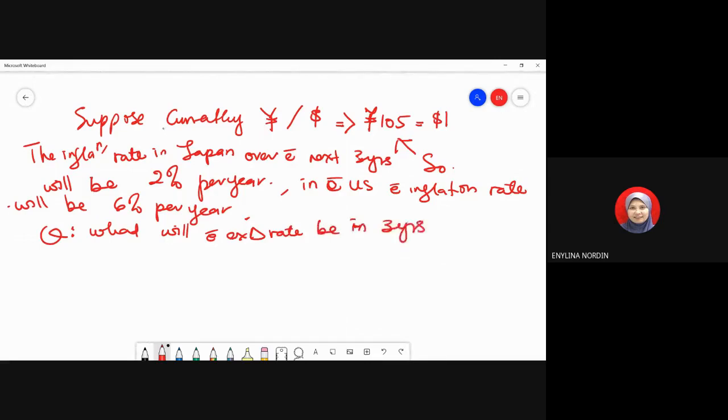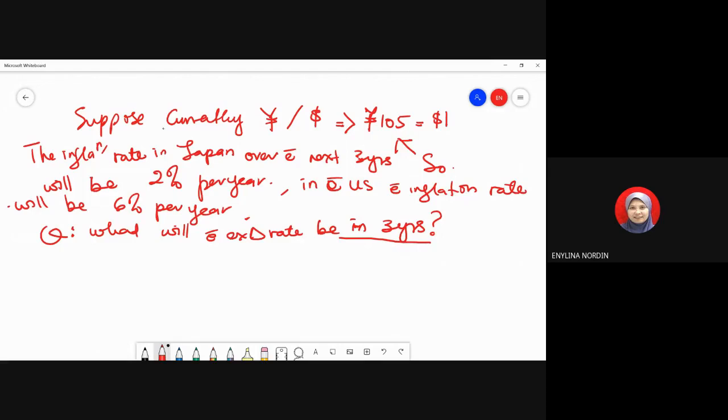So the question is asking you for the next 3 years, what is going to happen? Tadi kita buat example for the next year, for 1 year, after 1 year, what is the expected exchange rate for yen. Now, how are we going to do that?